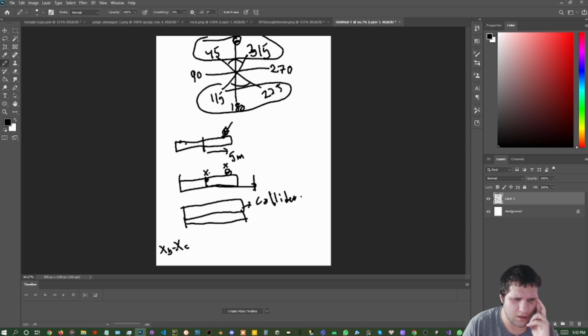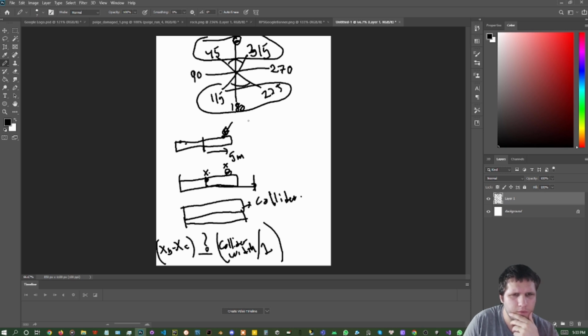So let's do x ball minus x cube, and then we want to do something with the collider width divided by 2. And with that, we can get a value which will need to be between 90 degrees.